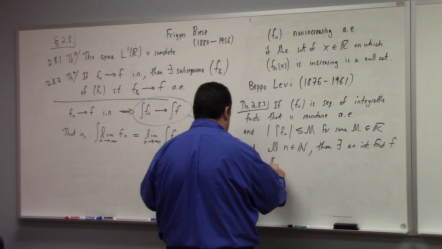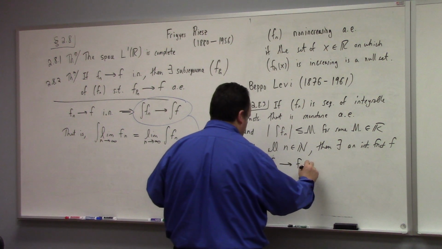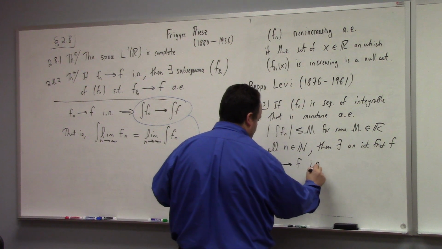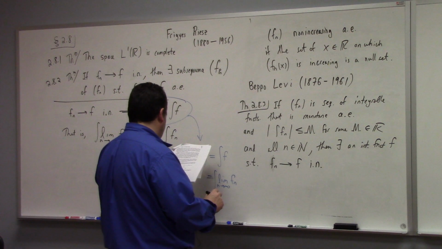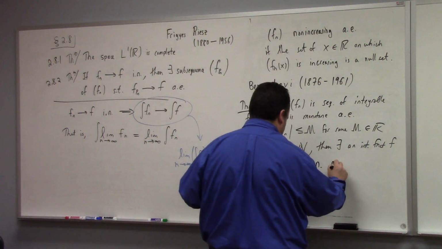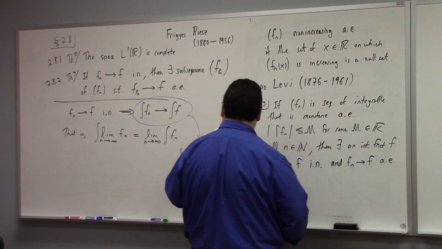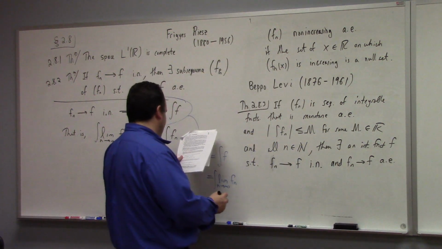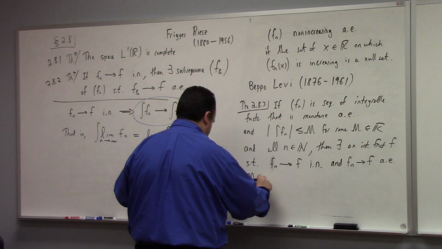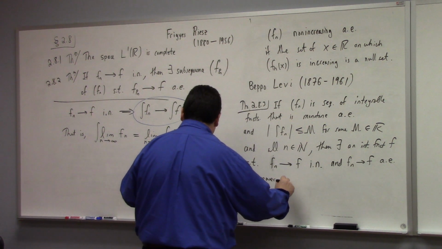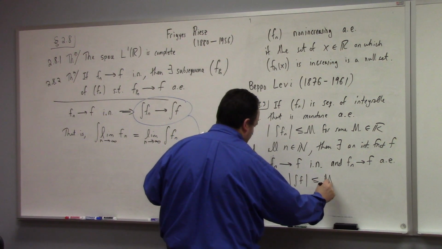Such that, sorry I went over, fn goes to f in norm. Oh, and fn goes to f almost everywhere. Wow. Moreover, the absolute value of the integral of f is less than or equal to m.